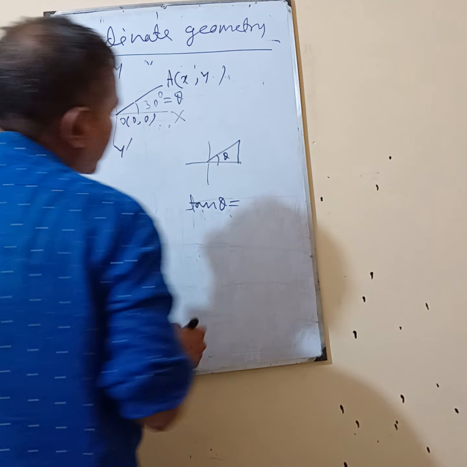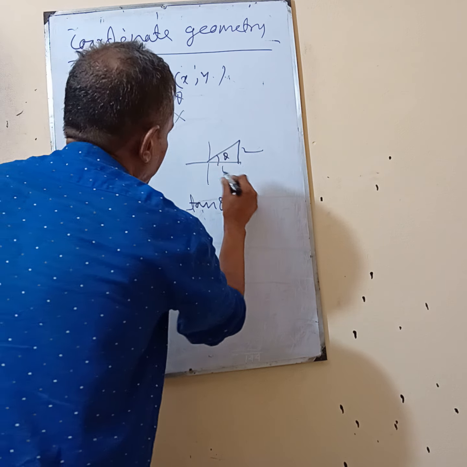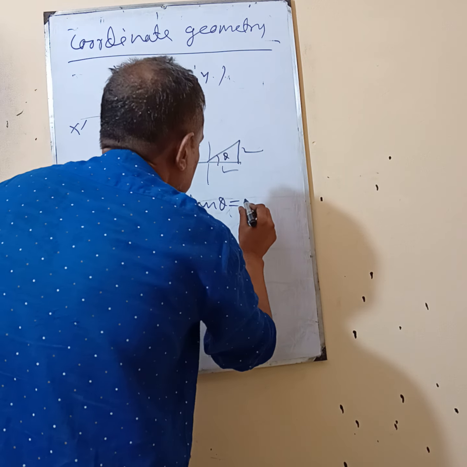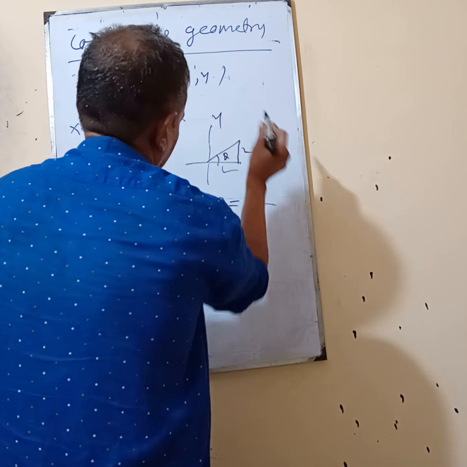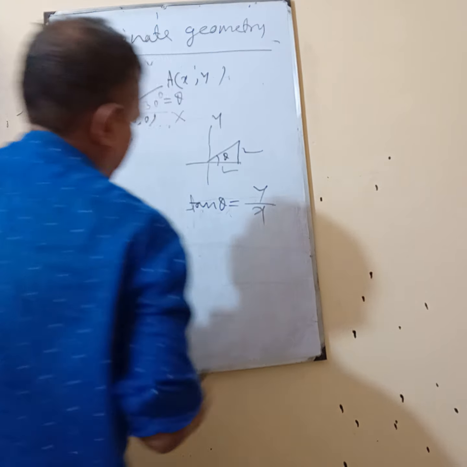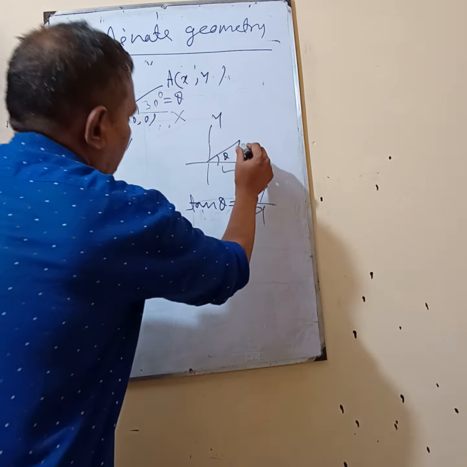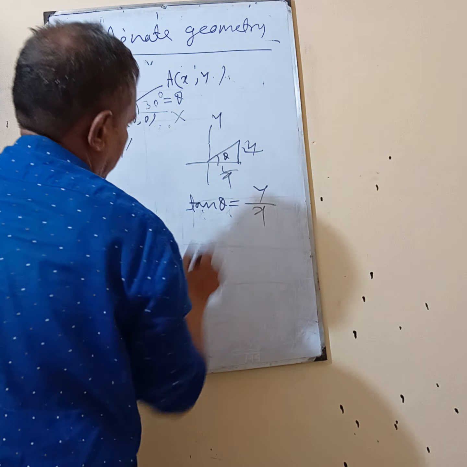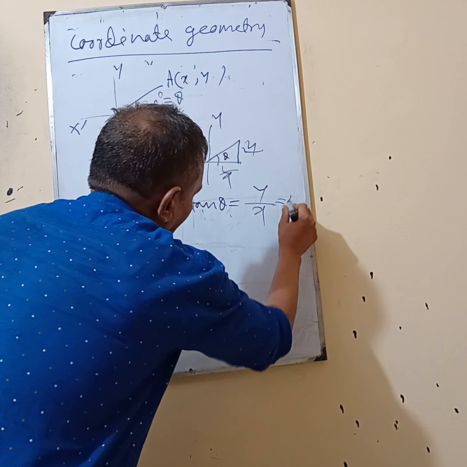This is y and this is x, so y by x is equal to tan theta, that is equal to m.